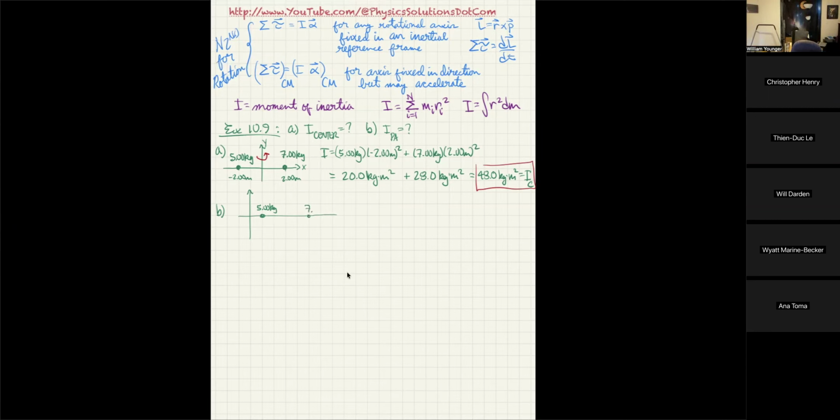And then we're going to have our 7.00 kilograms right here, so that this one is at 0.500 meters, and this one is at 4.500 meters, and our rotation axis is this guy right here. So this is I through a parallel axis.